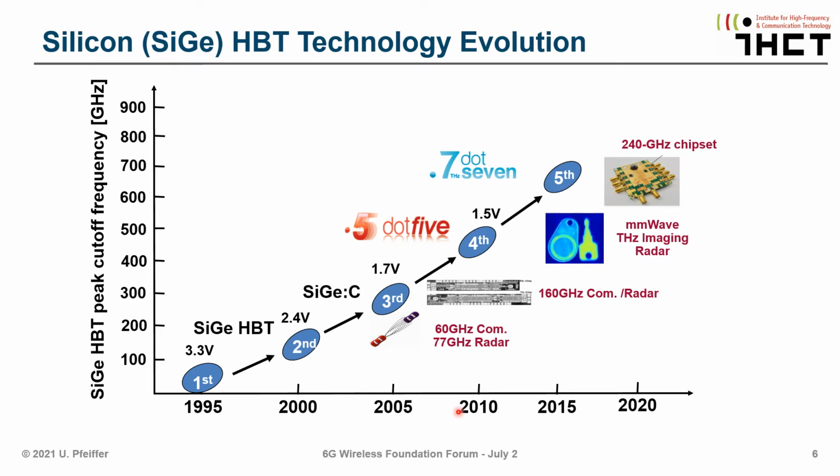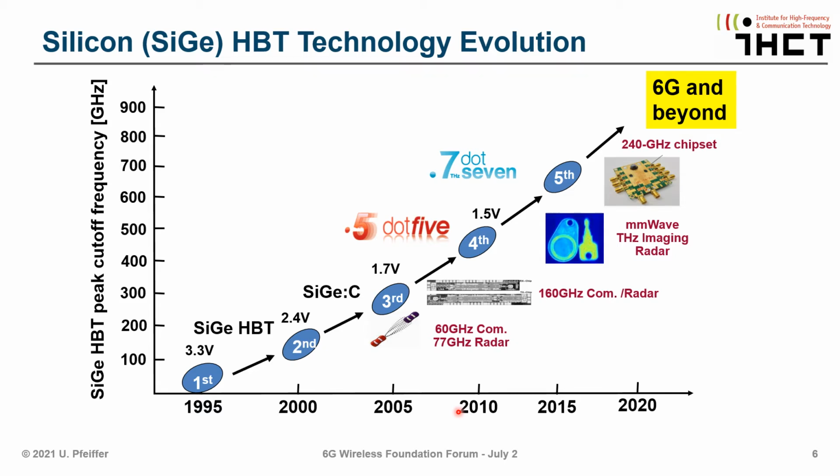And of course, with each of these generations, we have seen new applications coming up. We had, at around 2010, 60 gigahertz circuits, 77 gigahertz radar applications. And now with these faster devices, we are moving really up into this terahertz domain, where we have seen a lot of imaging applications as well as communication circuitries. And of course, there's no end in sight.